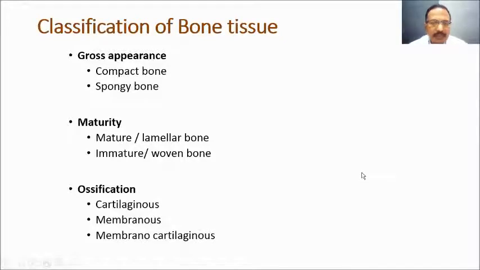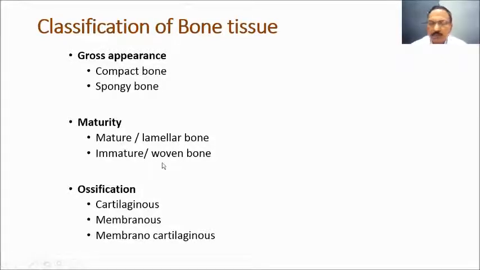So coming to the classification of bone tissue, we can classify it according to the nature of its composition, like compact bone and spongy bone, because compact bone will look compact, very thick, but the spongy bone will look cancellous. And according to the maturity, we can call it mature bone or lamellar bone, and immature bone or woven bone.